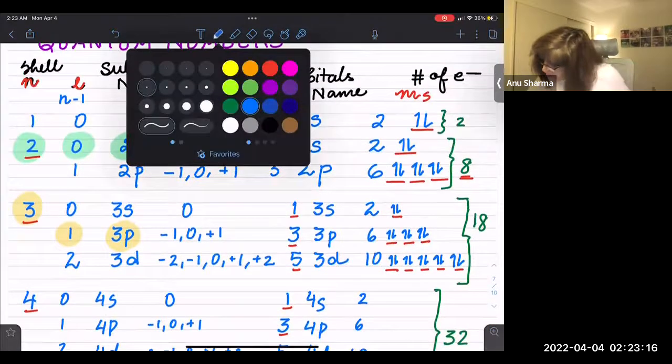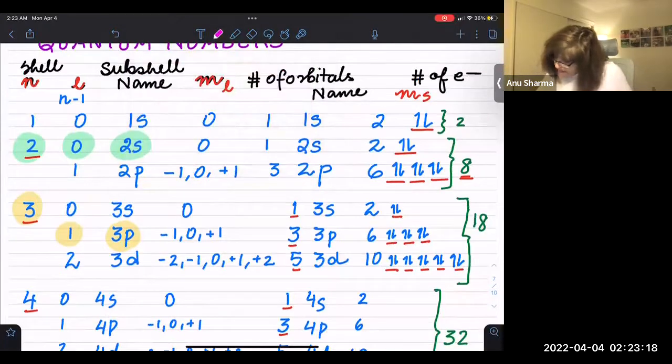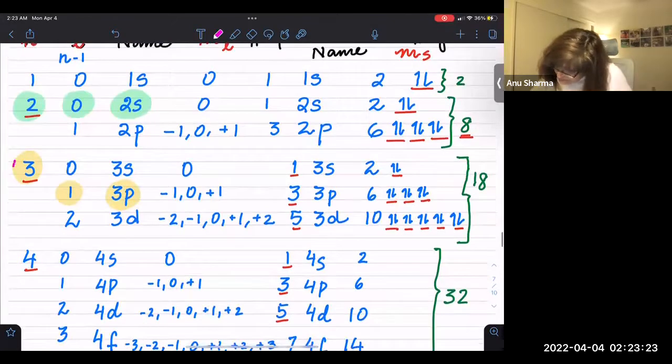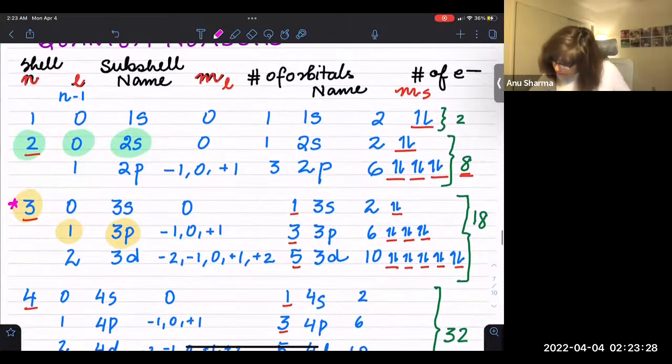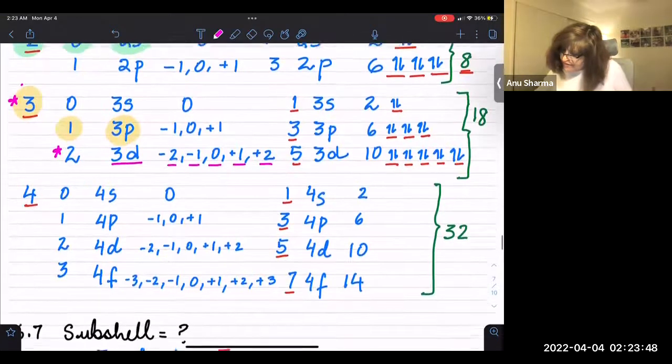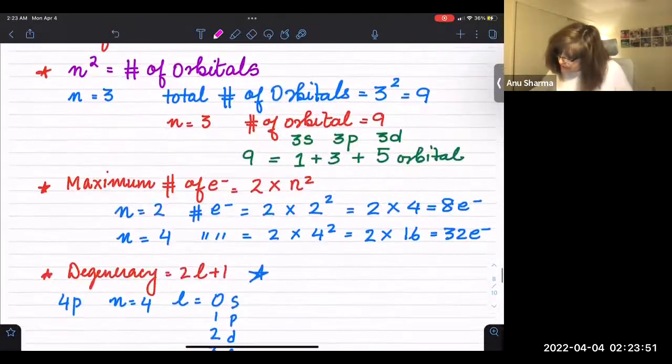So let's look at, let me bring this number. N is equal to 3, so this one, and L is equal to 2, so this one. And in that, this piece and this piece applies to 3D orbitals. So all the 3D orbitals will have N is equal to 3.